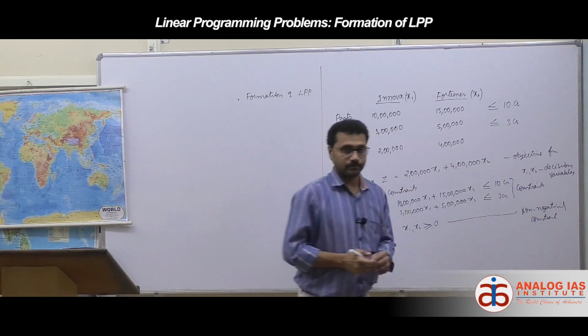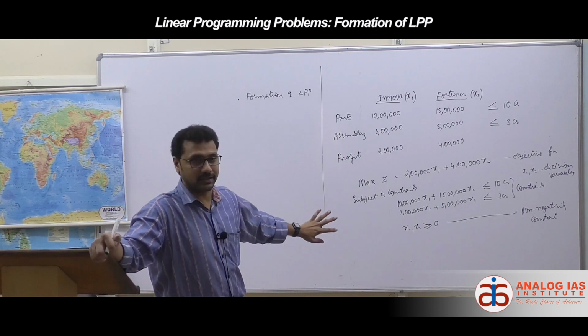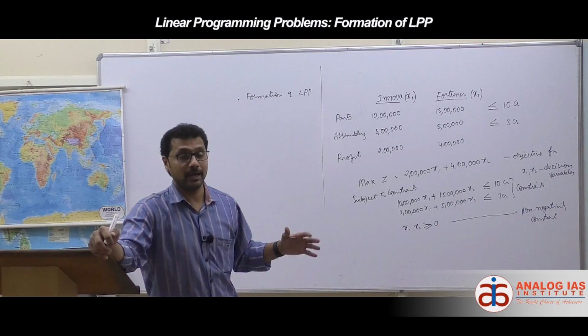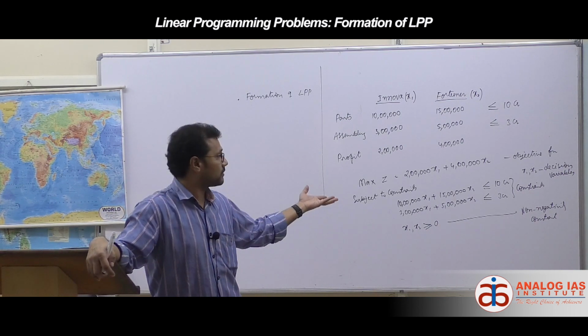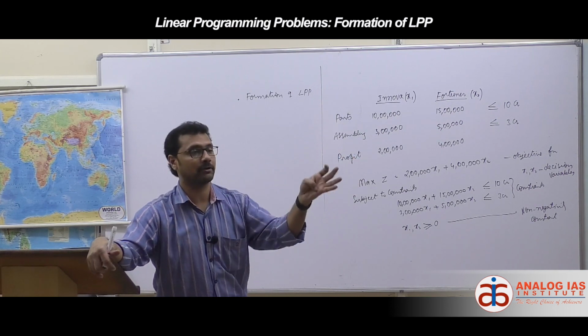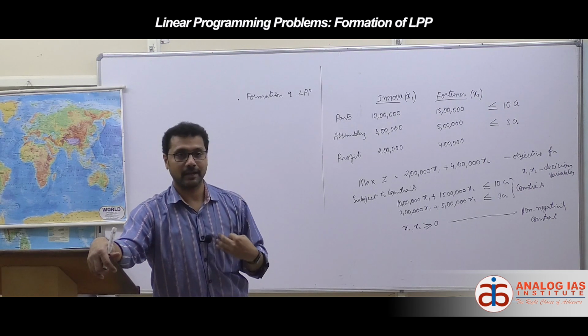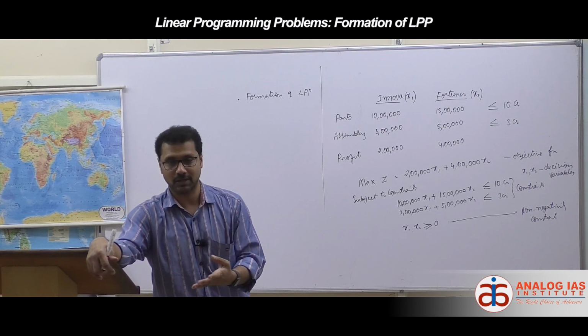Now what happens is, by default, if I try to solve like this, X1 and X2 may be non-integers also. Why should it be 1, 2, 3, 4? Sometimes X1, X2, based on the constraints and the objective that I have, might be 1.5 or 2.5. And I cannot produce 1.5 Innova cars. I cannot produce 2.5 Fortuner cars.